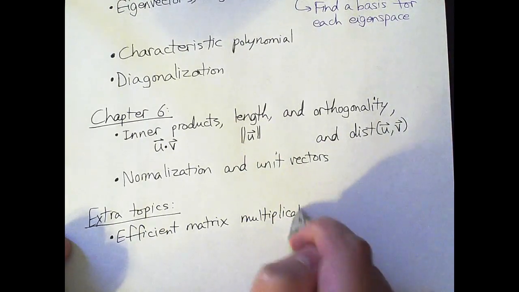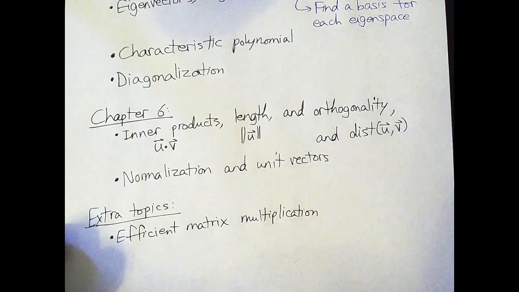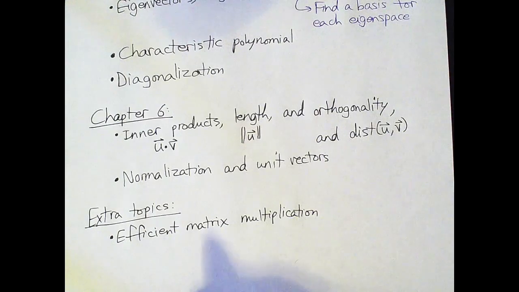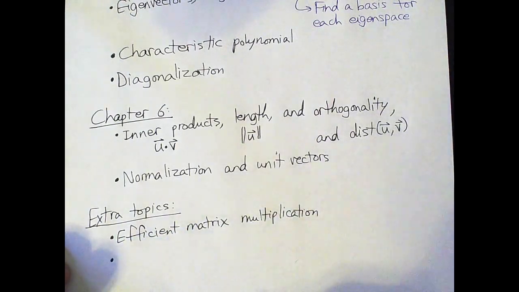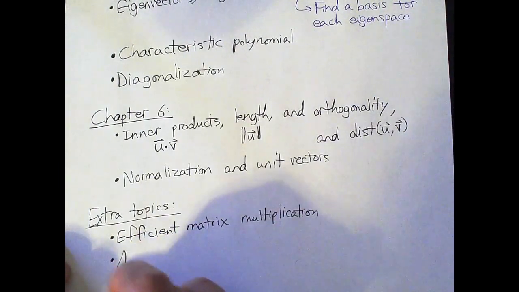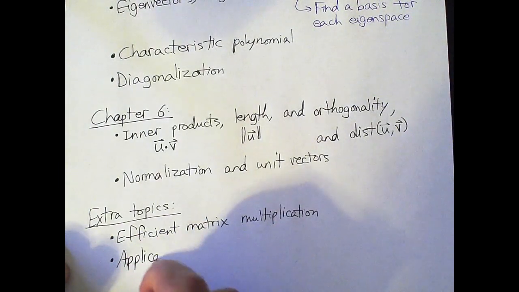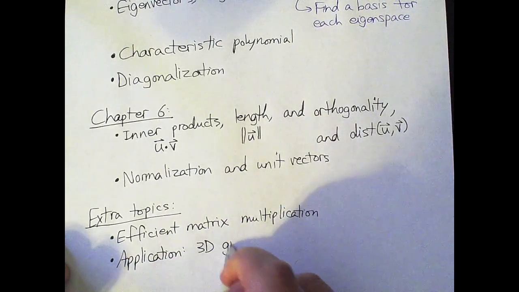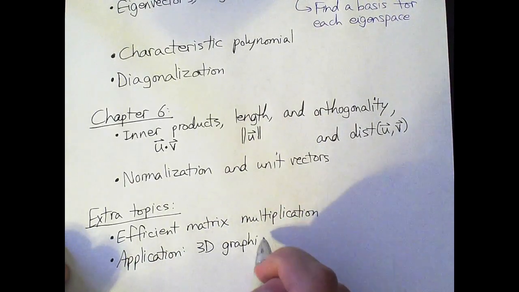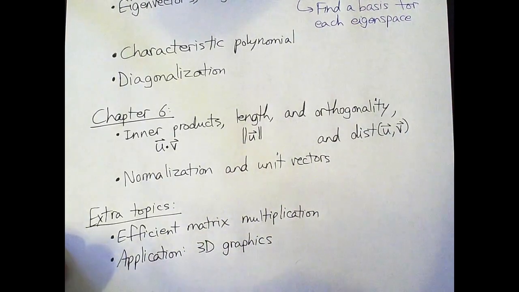In this we talked about Strassen's algorithm, Lauterman's algorithm, and so on, and some recent progress. And then we talked about an application of linear algebra to 3D graphics, which is really an application of matrix multiplication and linear transformations.